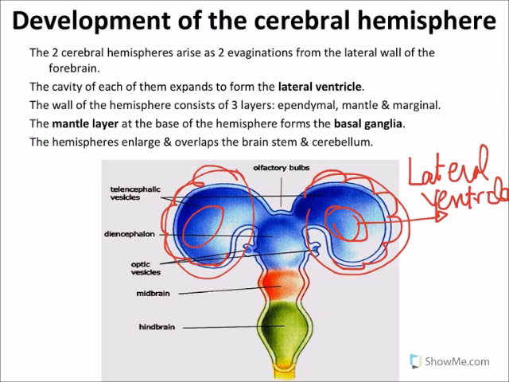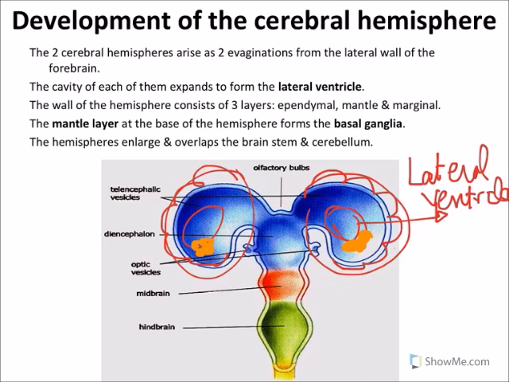So the mantle layer inside the cerebrum will give rise to the basal nuclei, the caudate and lentiform nucleus, and these structures, which are collectively known as basal nuclei, are developed from the mantle layer of the neural tube.